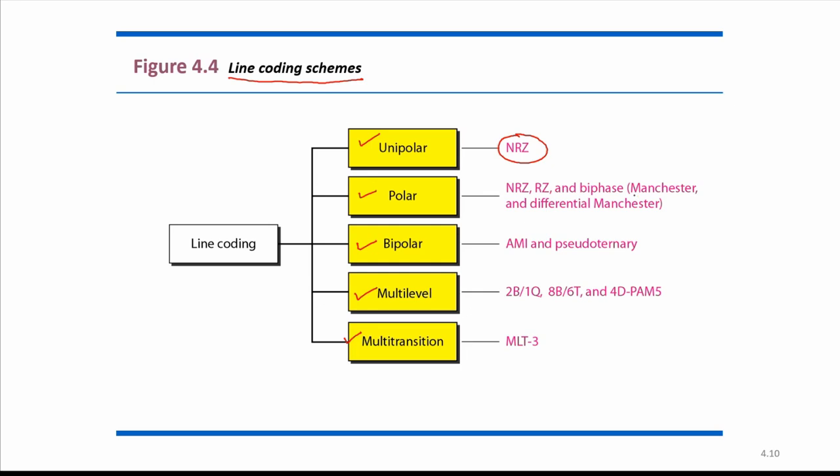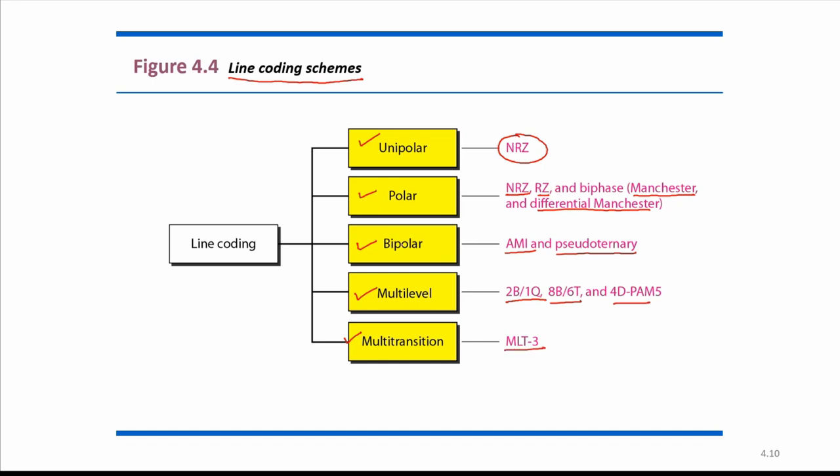In biphase we will be studying Manchester and differential Manchester. In bipolar we will be studying AMI and pseudo ternary. In multi-level we will see 2B1Q, 8B6T and likewise, and in multi-transition it is MLT-3.